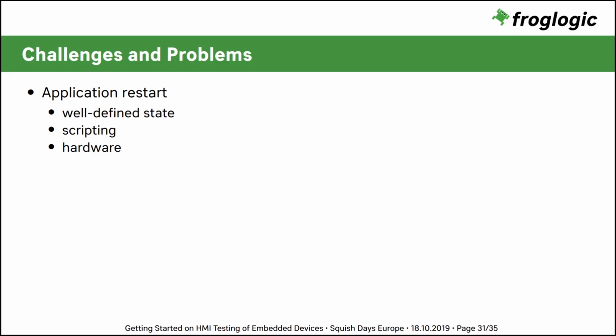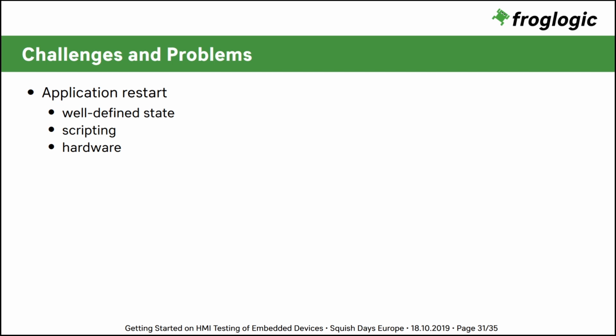One more thing which also happens in this situation, when you have to use built-in hooks, is that the application runs in a very limited environment. Quite often you want to start execution of your tests from a very well defined state so that you know where you are. But if you cannot restart the application, then you have to find some way to bring your application into a very well defined state so that each new test starts from the same point.